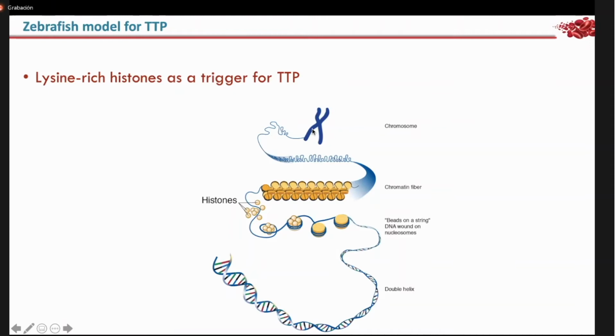The work of Vanhoorelbeke showed that patients with TMA and TTP have increased levels of histones in their blood. So histones could be a good trigger for TTP.